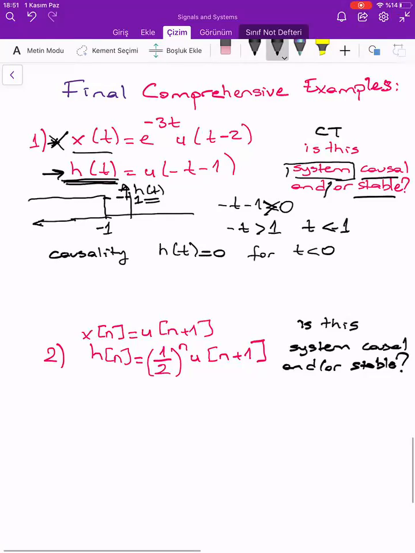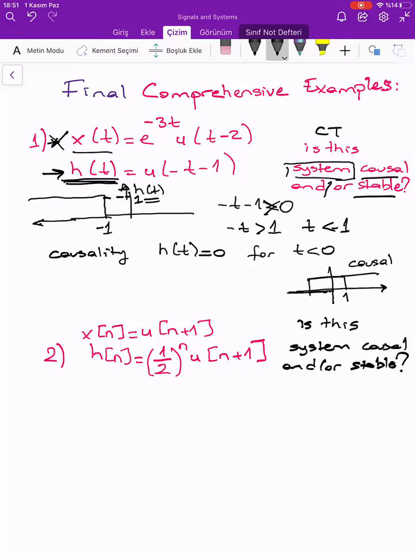Arkadaşlar, I look at my h of t. And if this is an example of h of t, which is, for example, 0 before 0, then I would say this is a causal system.